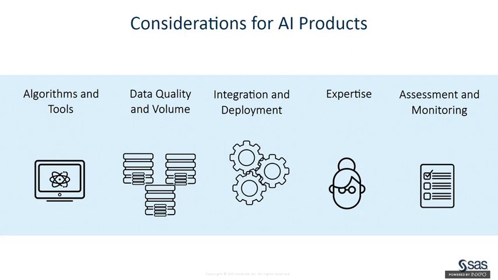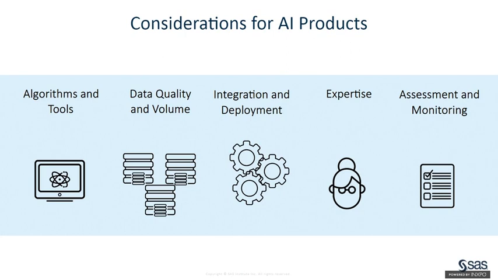To start off, I want to go over the considerations for AI products, the 5 topics that SAS has looked at deeply in creating SAS Viya, which is our AI base. First, algorithms and tools.